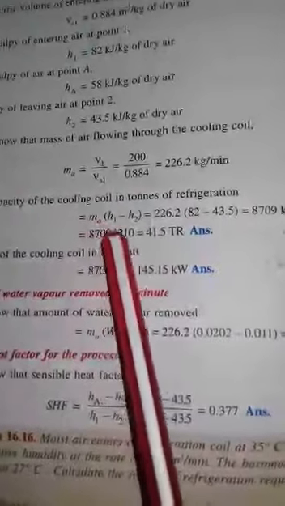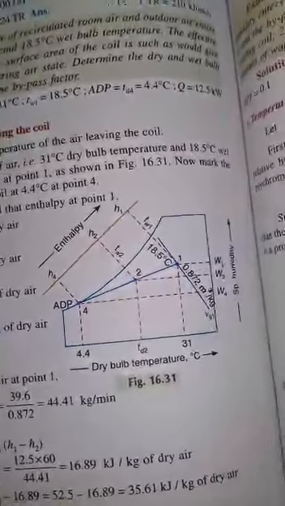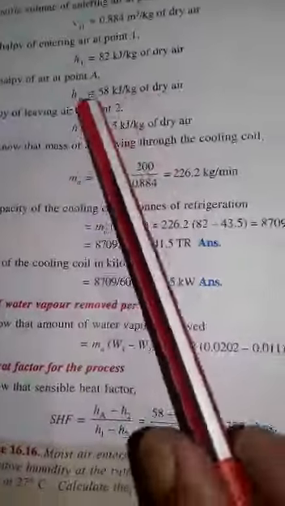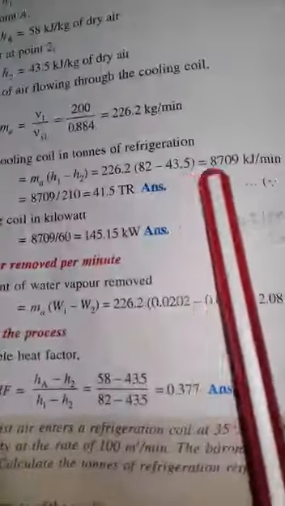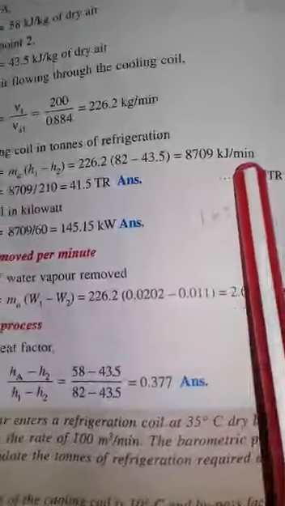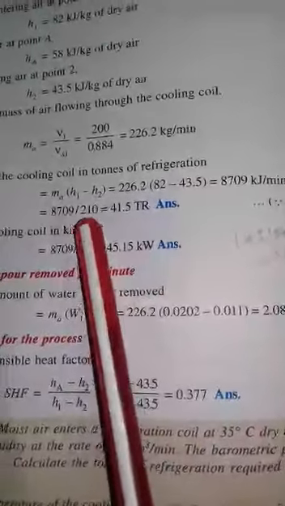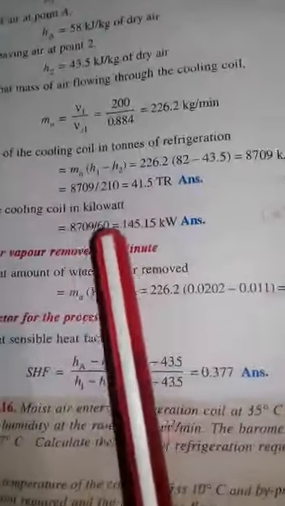The value is 8709 kilojoule per minute, and if you divide it by 210 it will be 41.5 tons. And if you want it in kilowatt, divide it by 60, we will get it directly in kilowatt. So we are getting the value in TR and also in kilowatt.